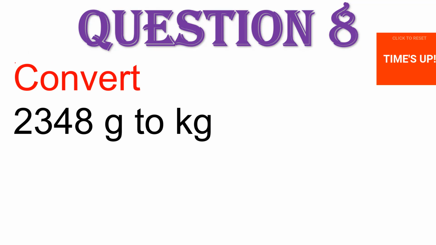So what's our number now? 2,348, divide by, not plus, divide by 1,000. Remember, divide by 1,000, the comma is moving to the left, but you can say there is no comma here.